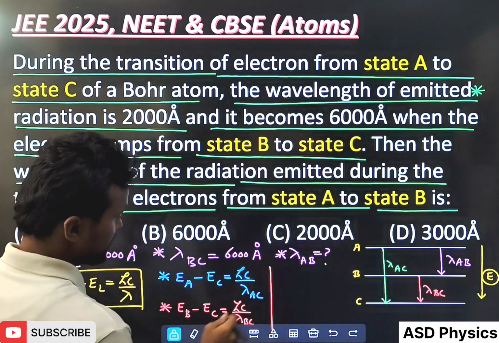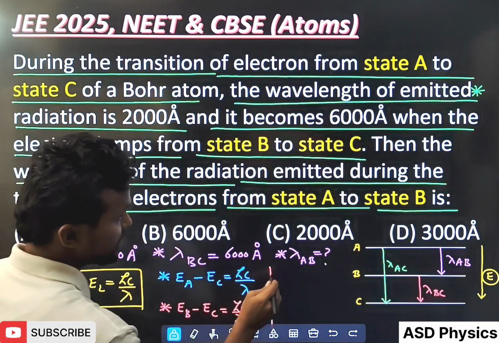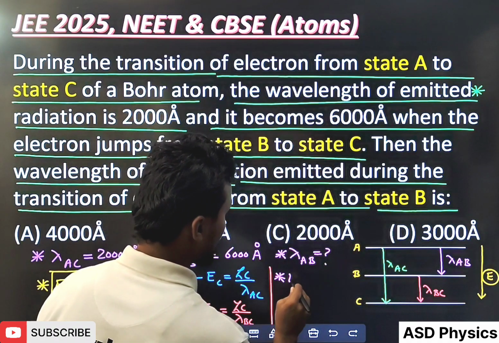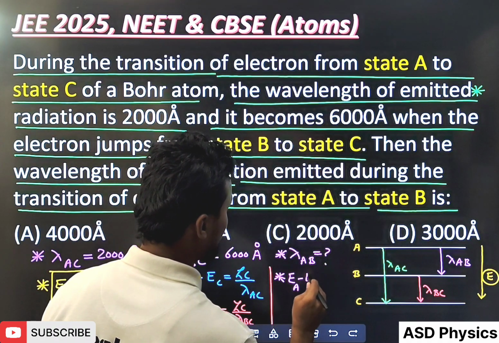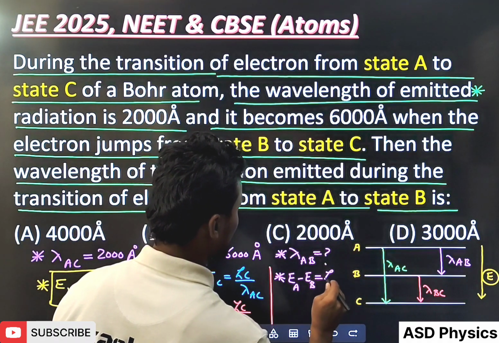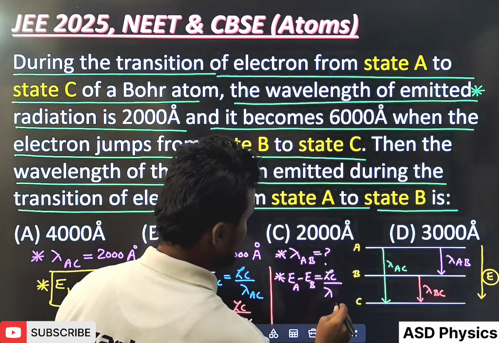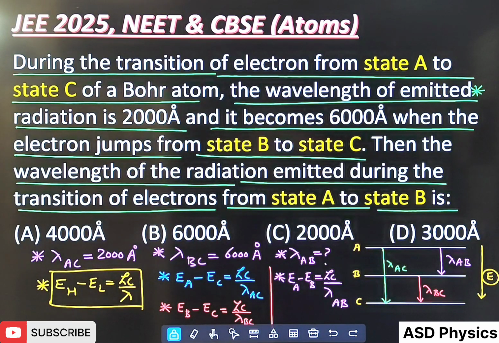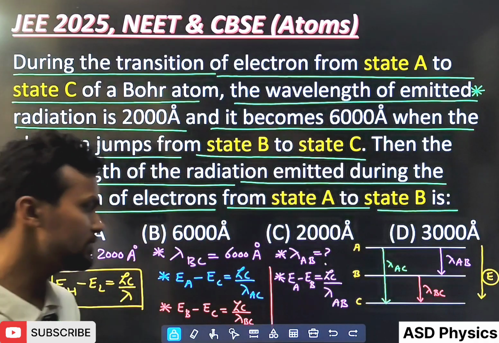And for A to B, which we have to calculate: EA minus EB is equal to hc by lambda AB. So high energy minus low energy. I hope this is very, very clear.